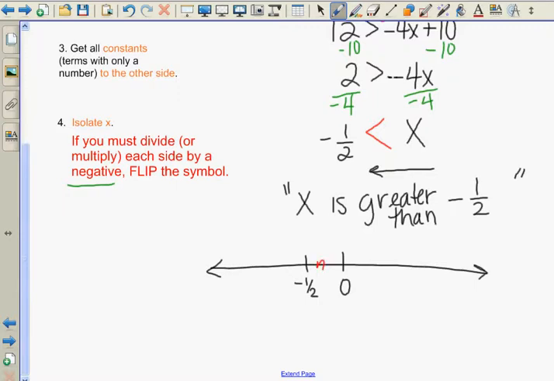Since it doesn't say greater than or equal to, we're going to leave this an open circle to show that negative 1/2 itself is not a part of any answer for this inequality. If that reading it from x thing, kind of reading it backwards, is confusing, make sure you talk to me tomorrow about that.